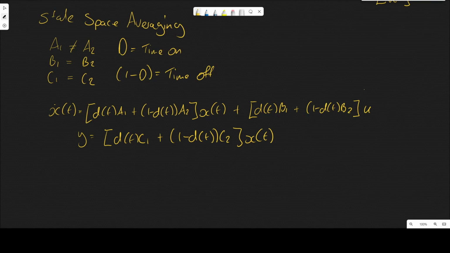Now what we have here essentially is an approximation of the switching converter as a continuous linear system, and the duty cycle that we've introduced here and here for the time on and time off is essentially a weighting factor to combine the state equations into a single average state space equation.